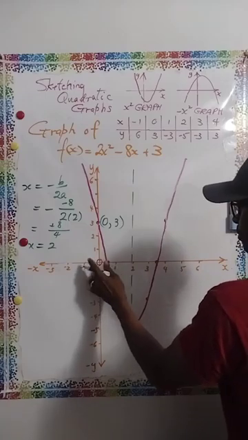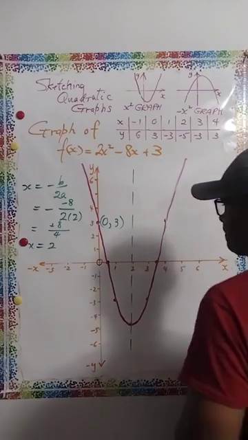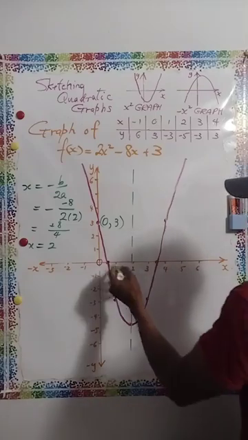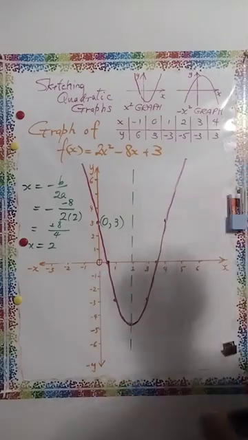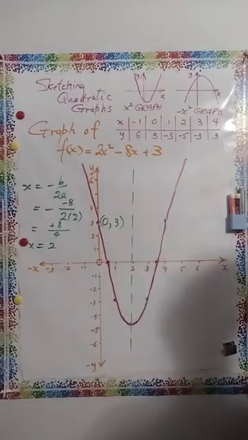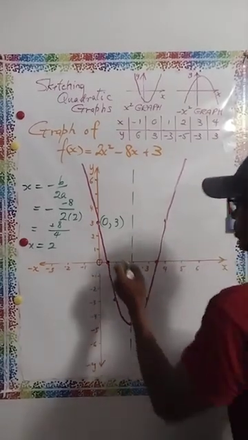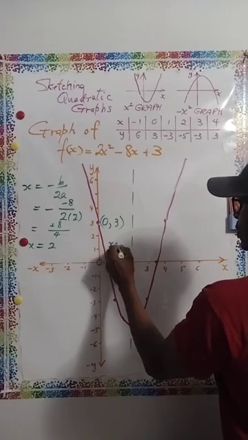So in other words, here you have it cutting the x-axis. So you have one of the solutions already. Please note that. So our first solution is x equal to a half, right here.